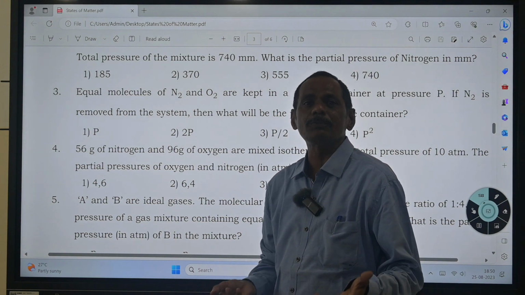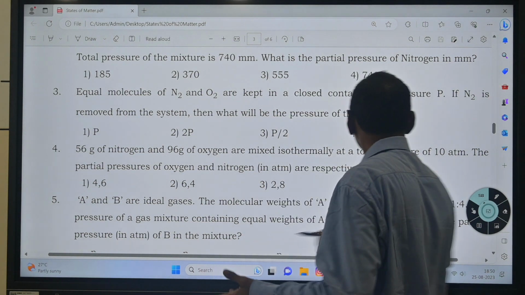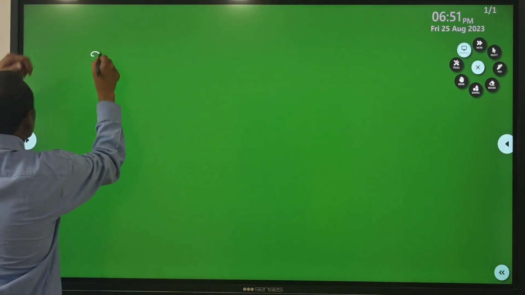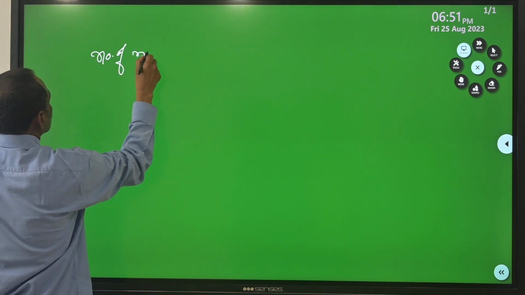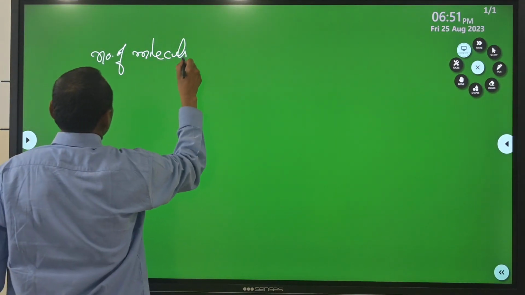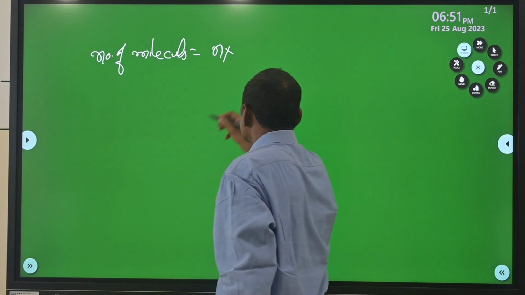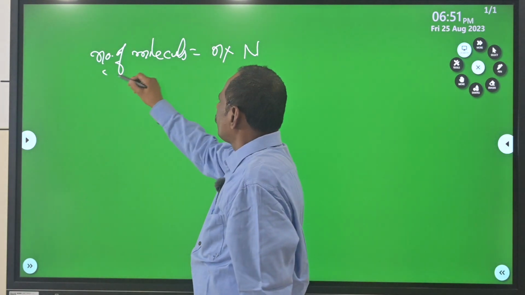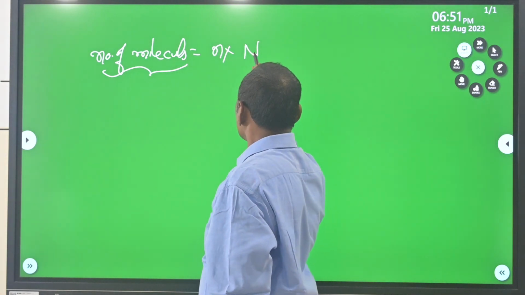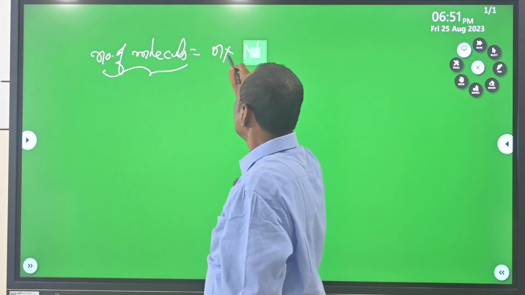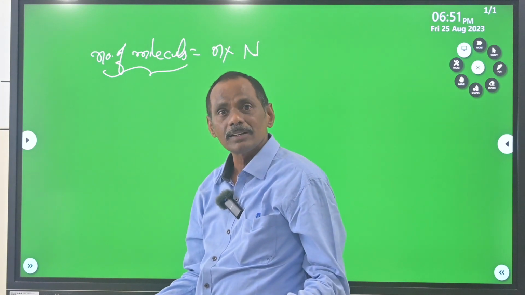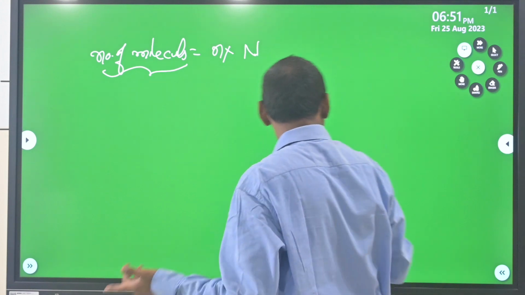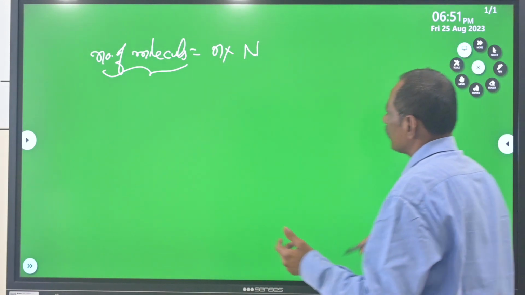That means number of moles are equal, because number of molecules is equal to number of moles into Avogadro's number. If the number of molecules are equal, because Avogadro constant is constant, number of moles are also equal.